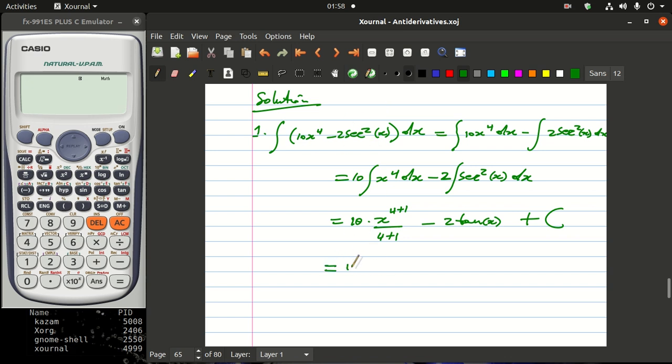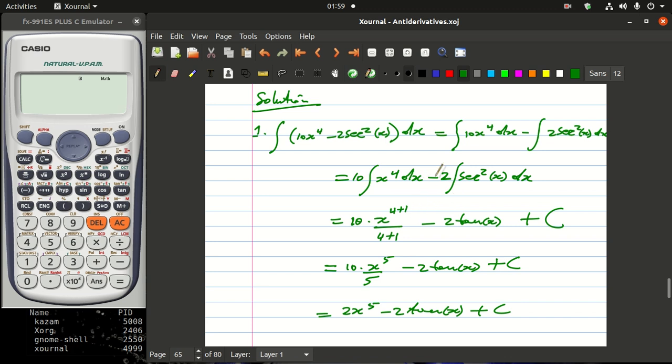So I will have 10 times x raised to 5, divided by 5, minus 2 tan of x plus a constant of integration. And then here you will end up having 2x to the power 5 minus 2 tan x plus a c. That is what can be expected from number 1.